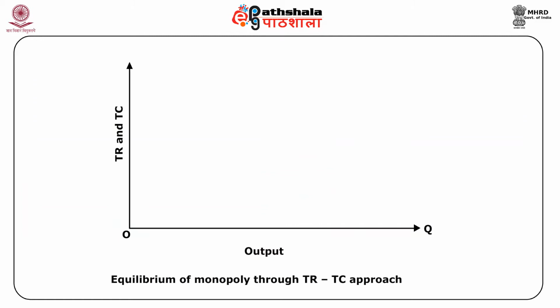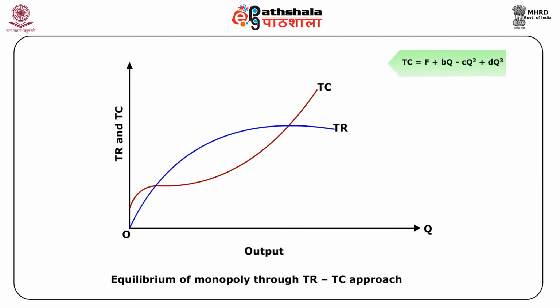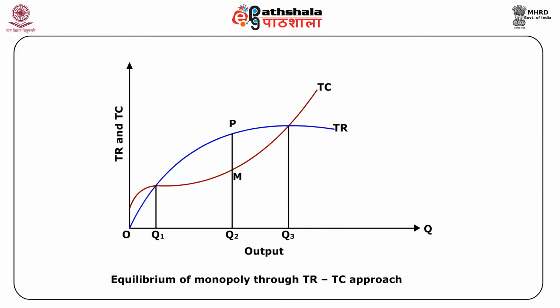For instance, in the figure, the firm faces a cubic TC function where TC equals F plus BQ minus CQ square plus DQ cube, where F is the fixed cost, and the demand function Q equals A minus BP. When we graph the TC function, we get a total cost curve.